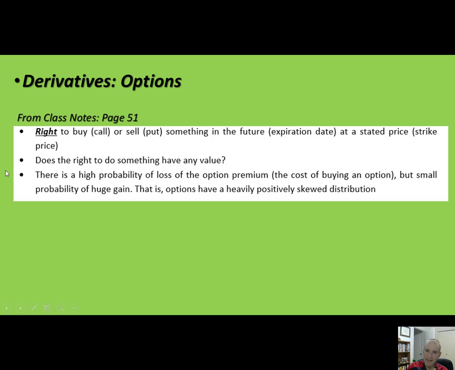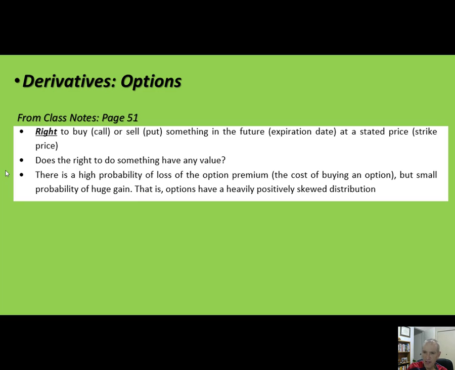Having the right to do something always has value. Why would you put an option on a house? Well, because you want to buy it, but you might find something better. So the fact that you can walk away and just let them keep the money is kind of nice. But if you get to buy the house, you discover that it's a really good deal, or maybe housing prices suddenly shoot up, and you discover you can buy this house at a really good price.